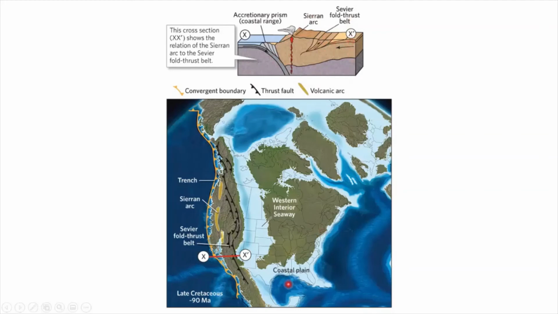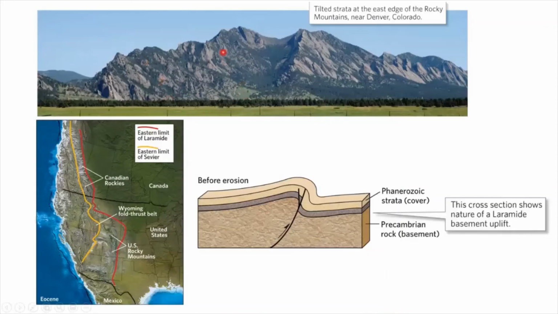Now, in the Cretaceous, there was a long seaway that flooded the western interior of North America. And there was a large continental volcanic arc called the Sierran Arc that grew on the west. And then just beyond that is the Sevier fold-thrust belt. Here's some tilted strata of the Rocky Mountains near Denver, Colorado.